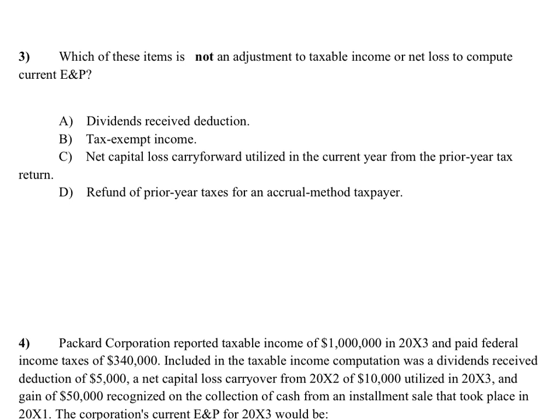All right, so this is kind of a difference between the cash and accrual method of accounting. So remember that refunds of prior year taxes are only included in current E&P under the cash method. And I'll write that down.